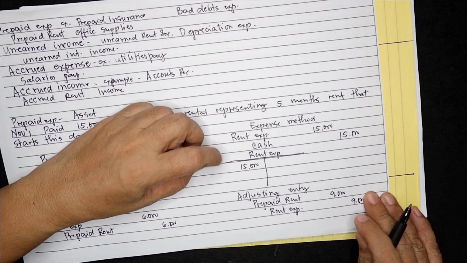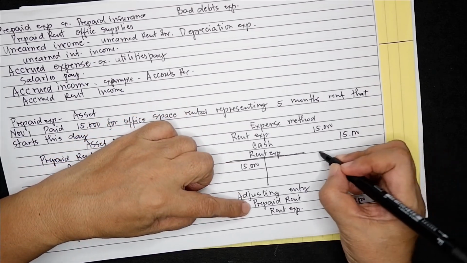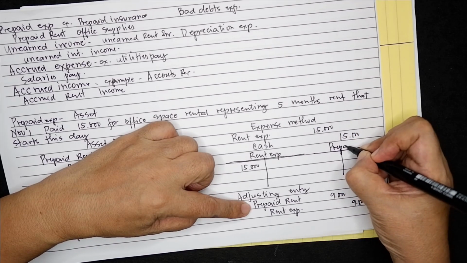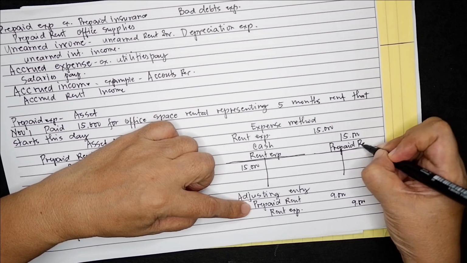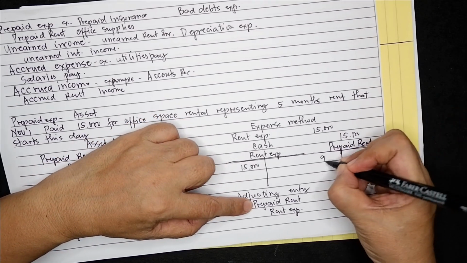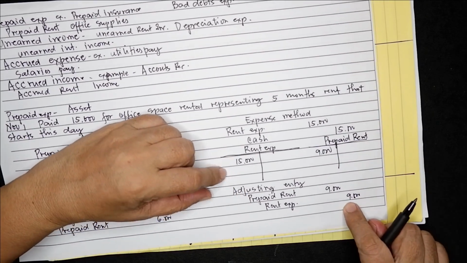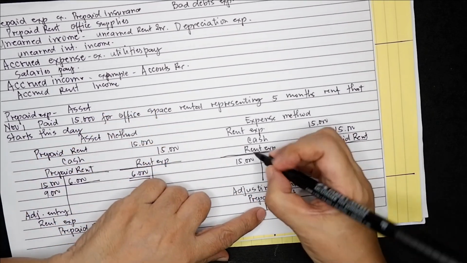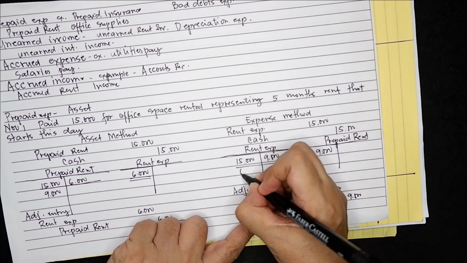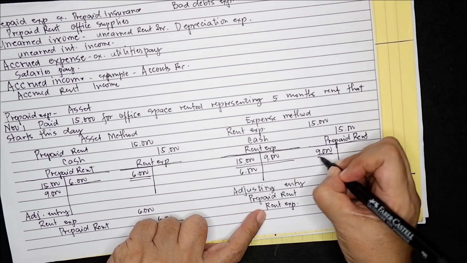So, again, we're going to post this and prepare the account for prepaid rent because we don't have the account for that yet. So, debit prepaid rent 9,000, and credit rent expense 9,000. So, we're going to get the balance. This is 6,000 and this one is 9,000.